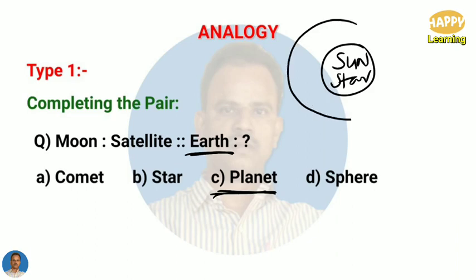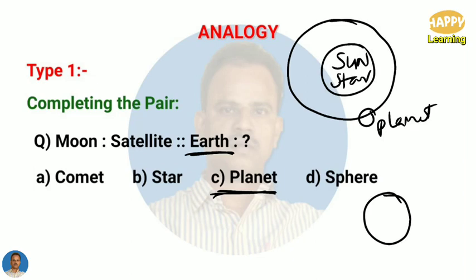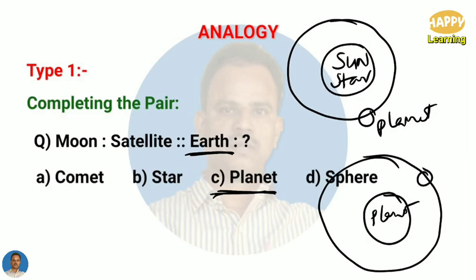So, the objects that revolve around the star are called planets.